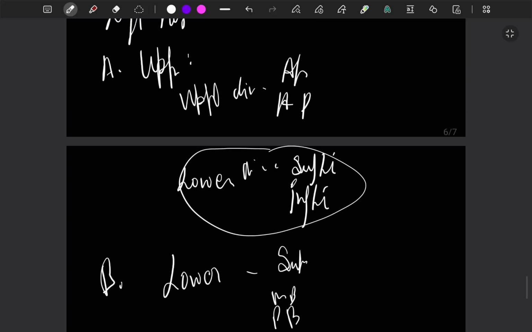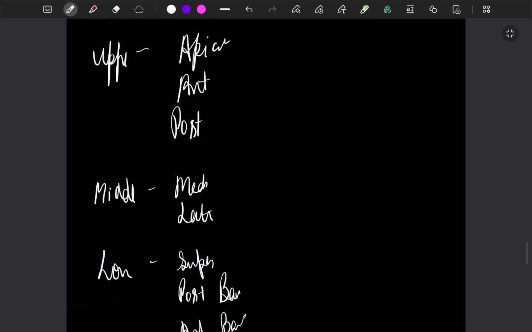So this is the only difference in the entire lobe thing. Right, so drawing the view of it is like this.